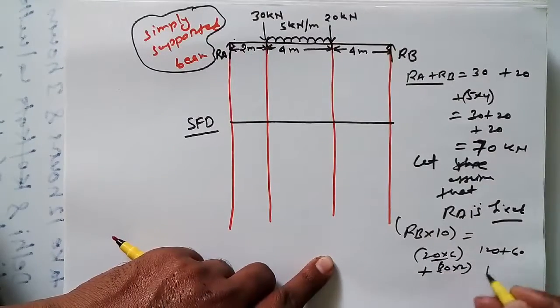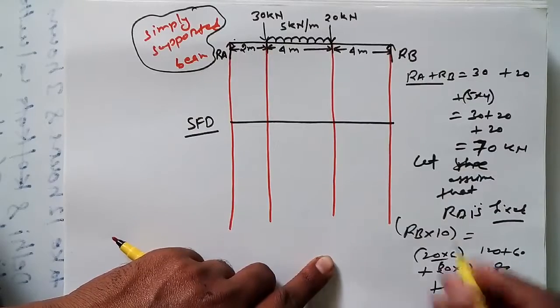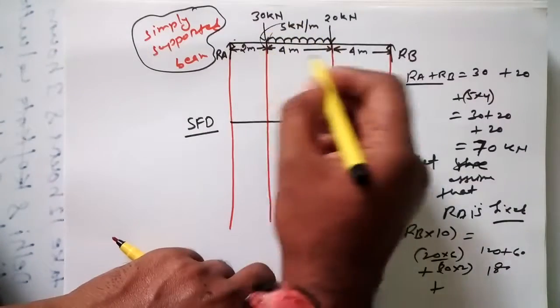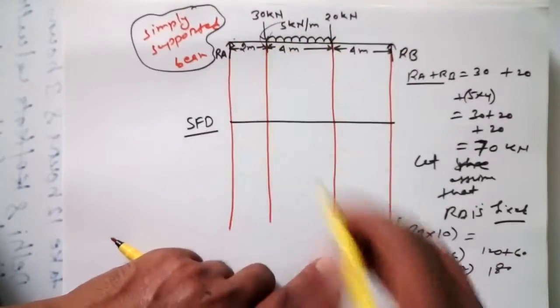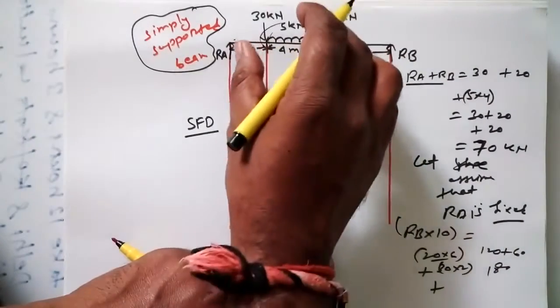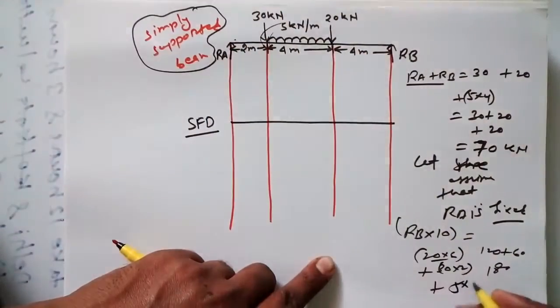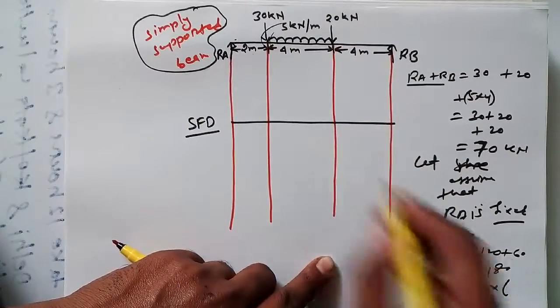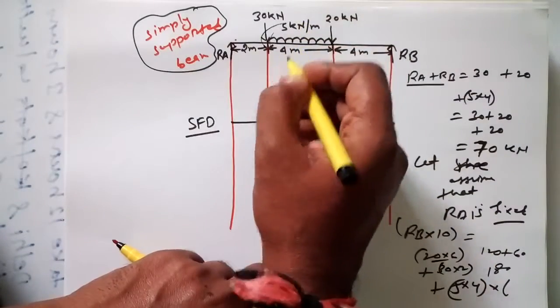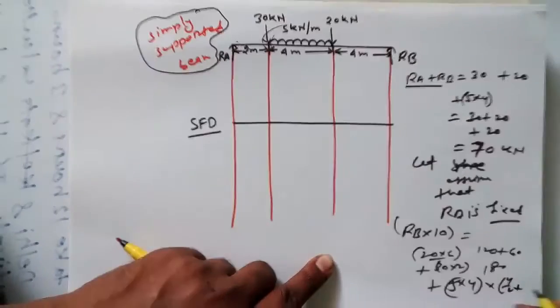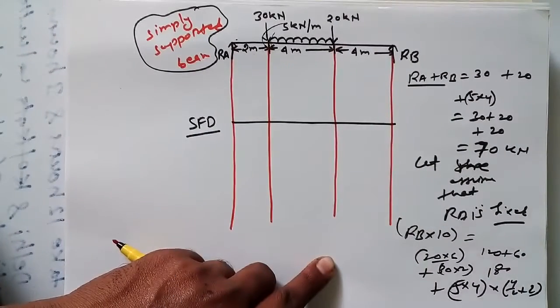How much would this be? 120 plus 60, 180. And we also have the UDL load. The bending moment because of this load would be 5 into 4 into, because this load acts at the center, 4 by 2 distance plus 2. So the total would be 180 plus 20 into 4, 80.